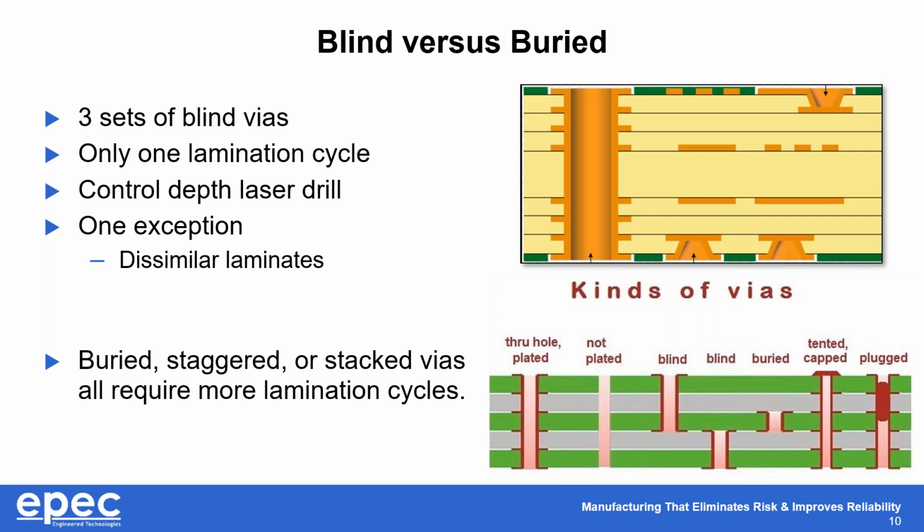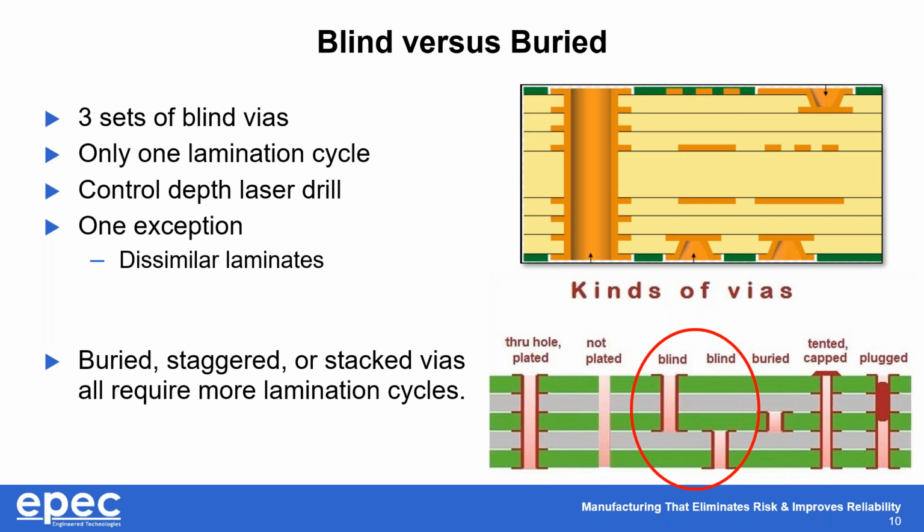One of the things to keep in mind is a feature that kind of looks like this one here. We just talked about the blind vias, where you're starting at an outer layer going to an inner layer, and then you're plating through to an inner layer, right? The challenge with these is that in many instances, if you had two sets of blind vias, you would sometimes be able to just manufacture two printed circuit boards and then laminate them together. In this particular instance, you can't do that because the blind vias have a common layer.